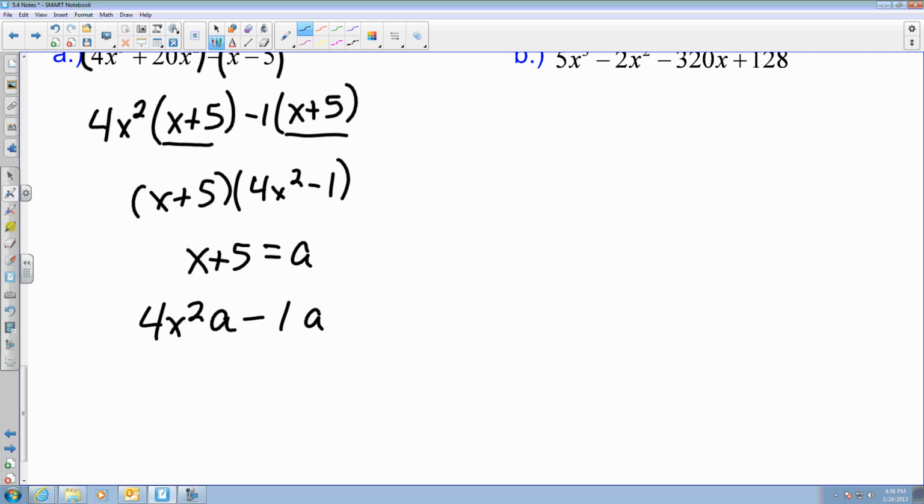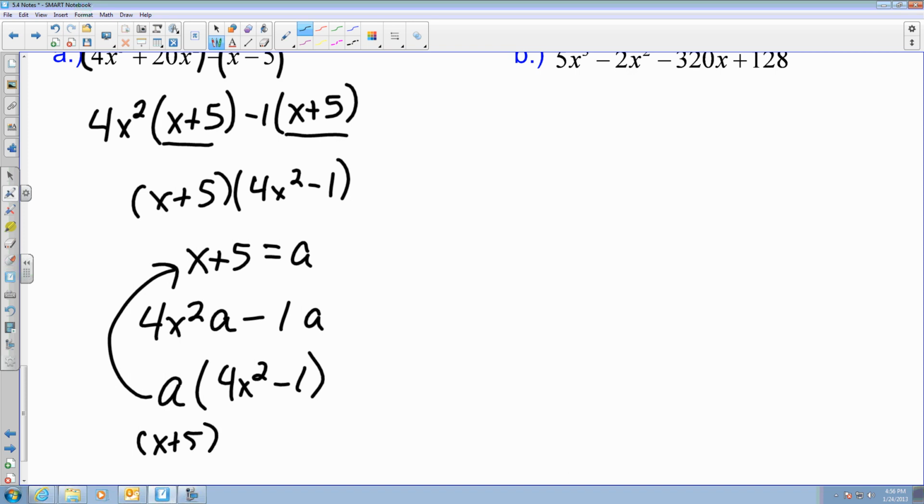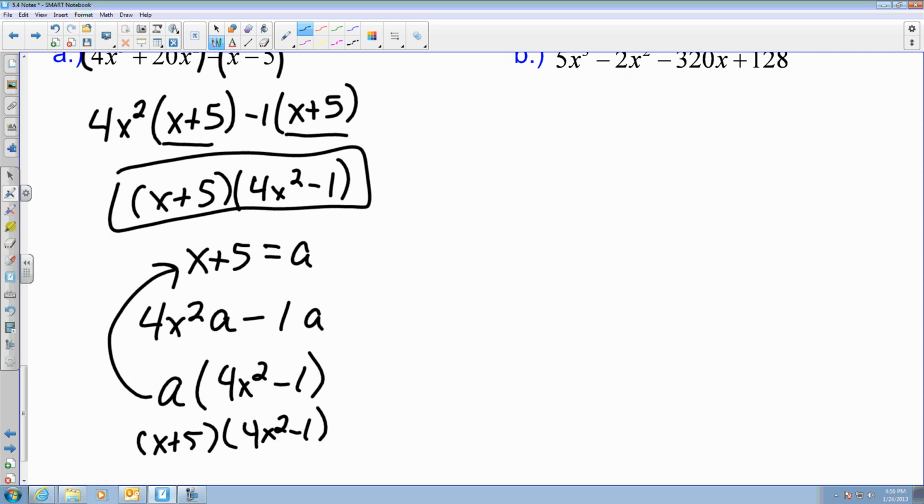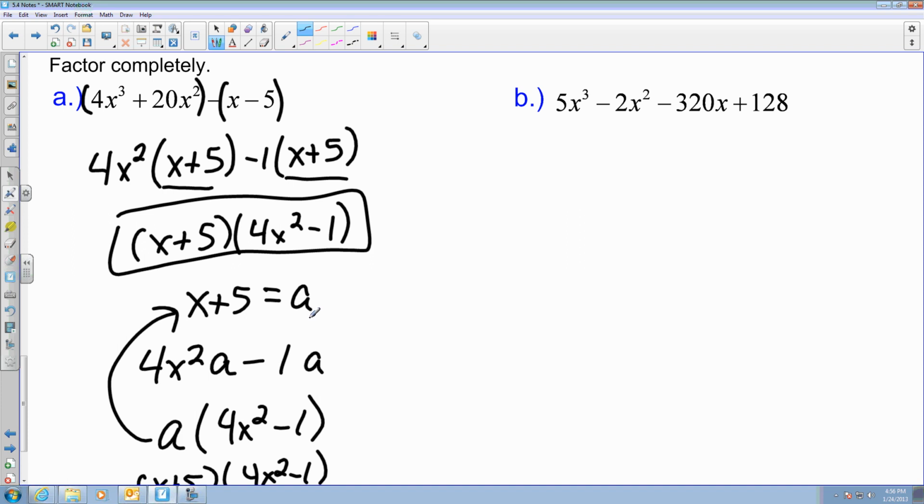That's basically what I'm saying. If I factor this out, this has a common factor of a, so I can write a, and then in parentheses, 4x squared minus 1. But what we've already established is that a is x plus 5, so I just rewrite that as x plus 5 times 4x squared minus 1. This is just if you didn't see it initially looking like this. That may help you. I'm not sure, but it does help some people.